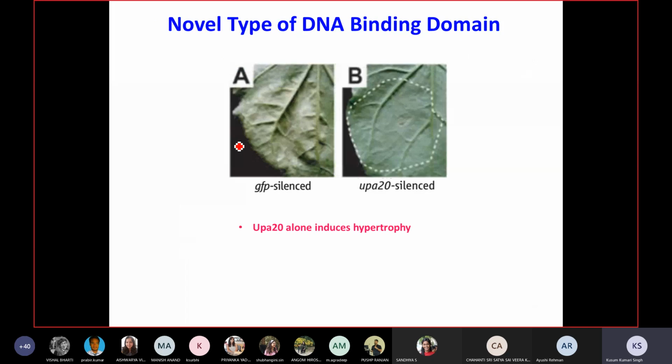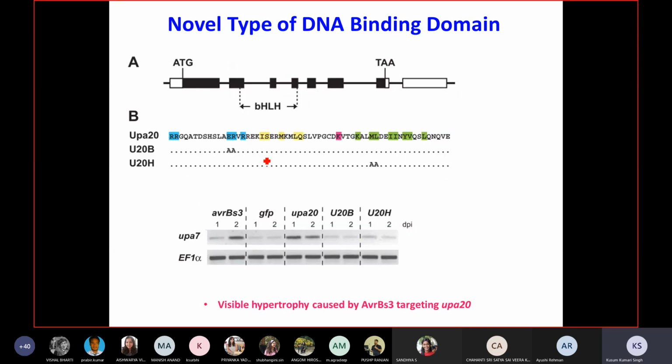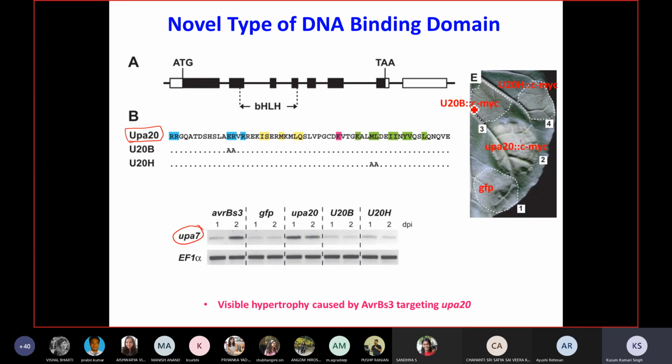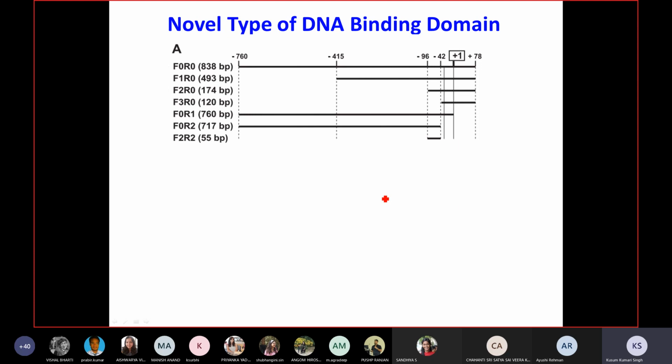Now moving further, how UPA20 was shown as a direct target of the AVR gene. That was also shown by a number of experiments, done by RT-PCR. UPA7 was a direct target, UPA20 was a direct target, and mutating these would not lead to any hypersensitive response, as we have seen in the last lecture.